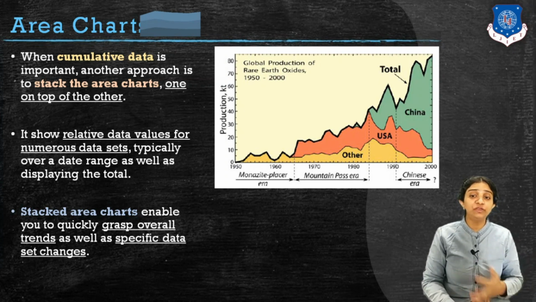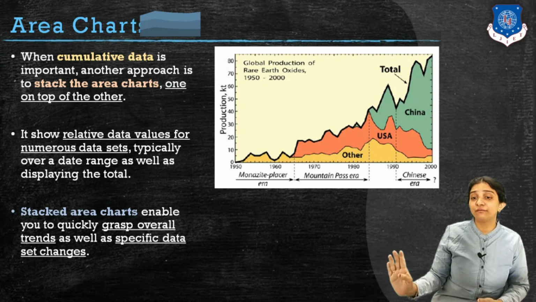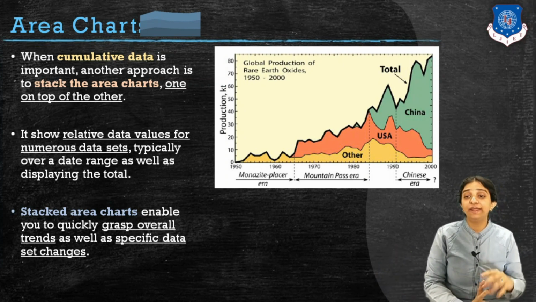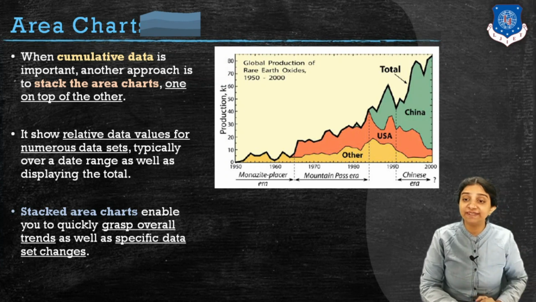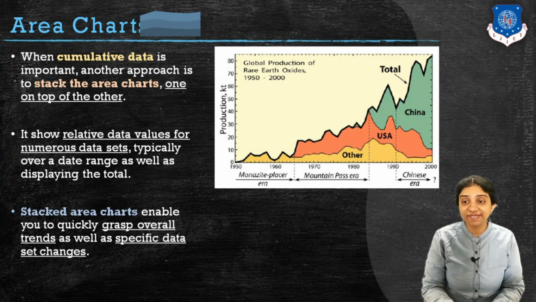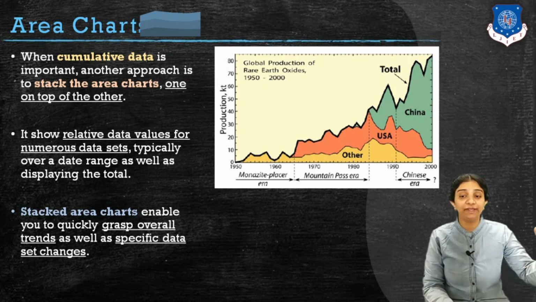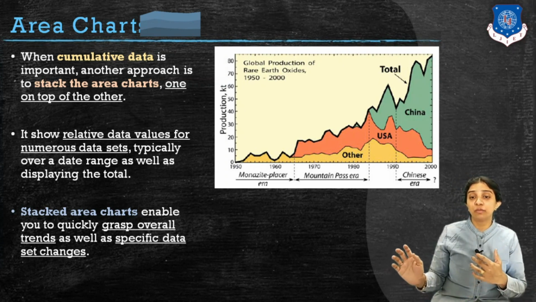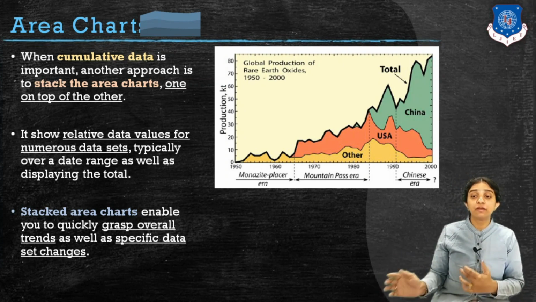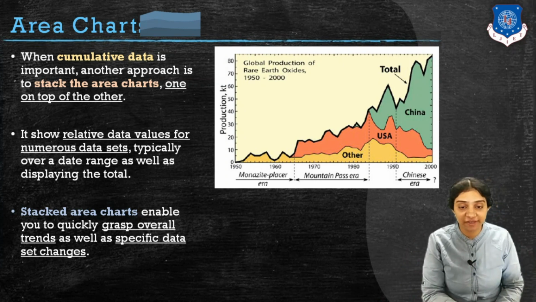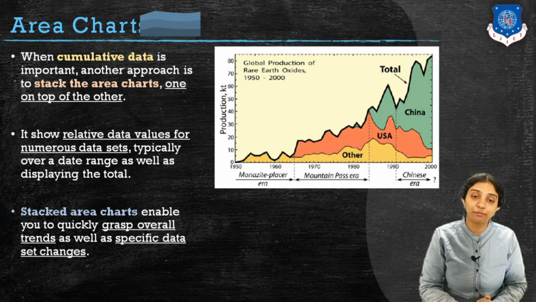The production of the USA started from the mid 1960s to 1970 and expanded in the 1990s, whereas China's production started later in the 1980s and it hiked all over. So we call the initial era the Monazite placer era, then we have the Mountain Pass era, and finally the Chinese era of rare earth oxide production.